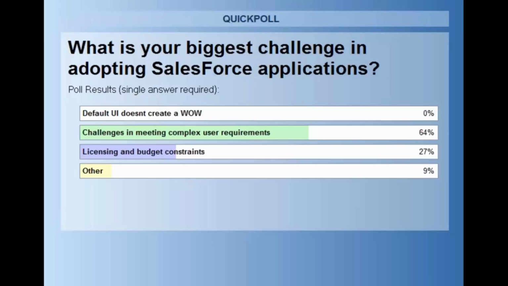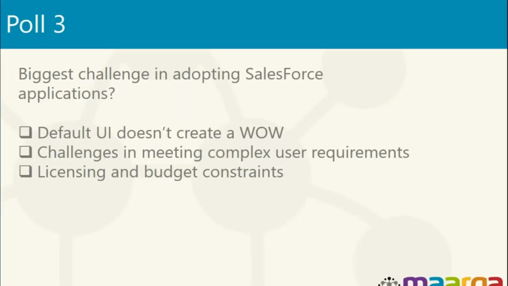Second, you use the right tool for the right job, and you have a lot of different tools available. For a simple workflow, you could use the process builder, you can use the workflow rules, or you could use the approval processes. Being able to pick the right tool for the right job.